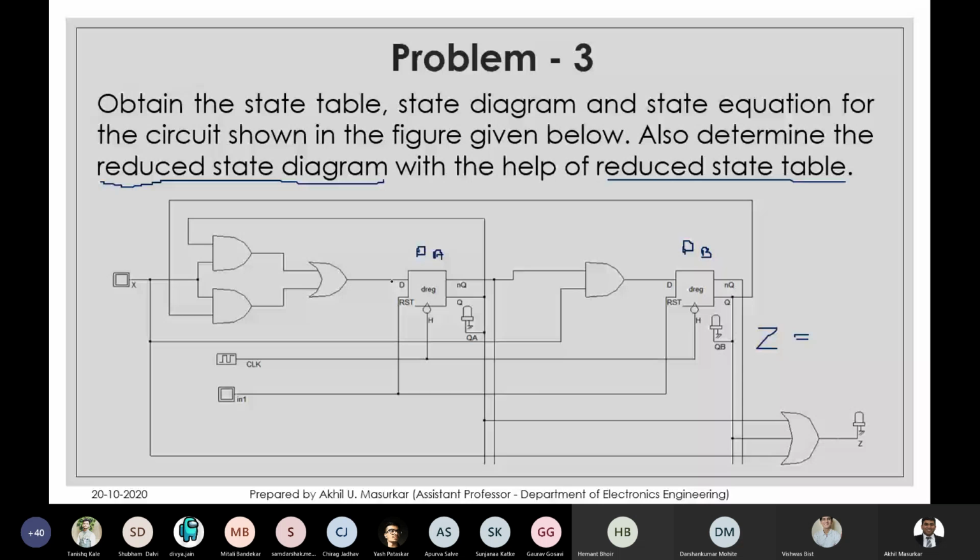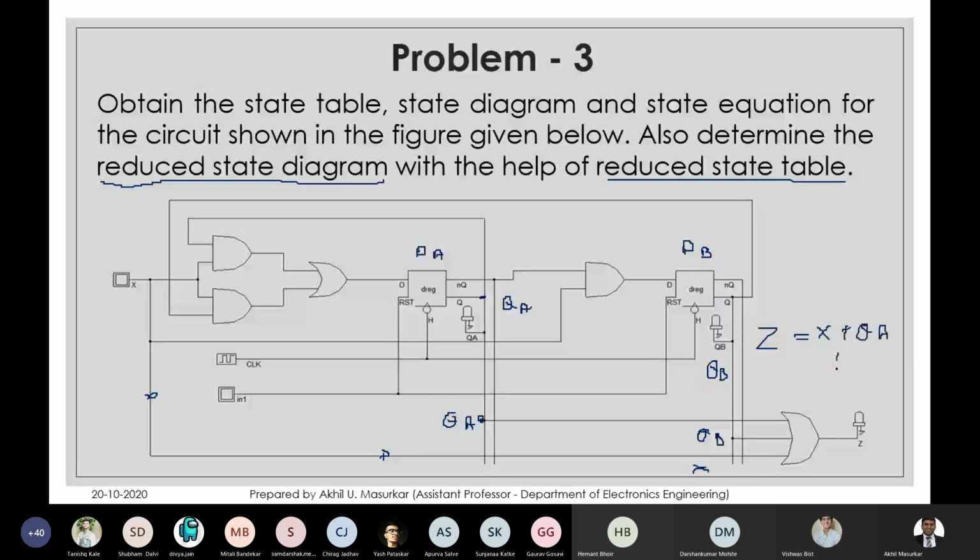Here I will have QA and here I'll have QB. You can see that this is connected to QA, this one is connected to QB, and this is connected to X. So it is actually very simple: Z equals X plus QA plus QB.